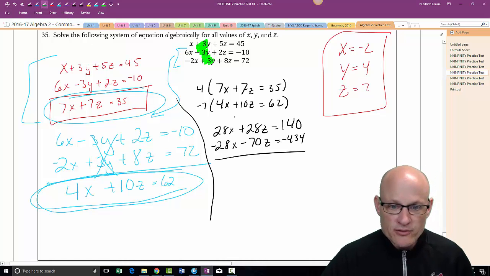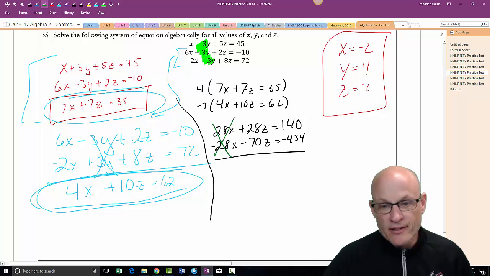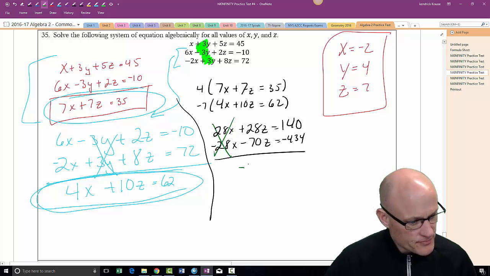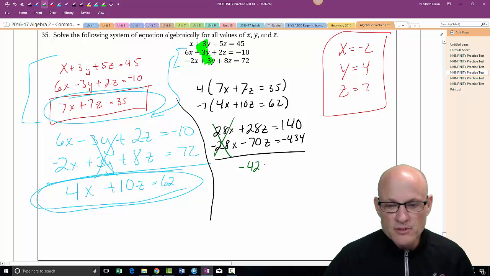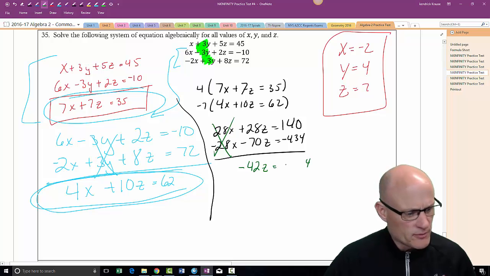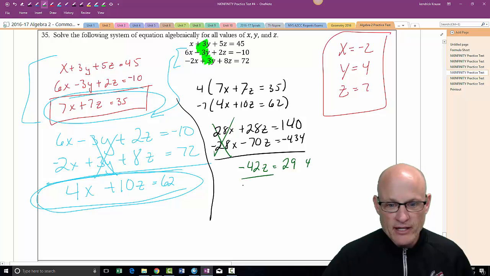So I'll get rid of these, and I get... and I can't do this easy math. Was that negative 42? Negative 32? 42? Negative 42. z equals 174? 294. I wasn't even close. Divide by negative 42.